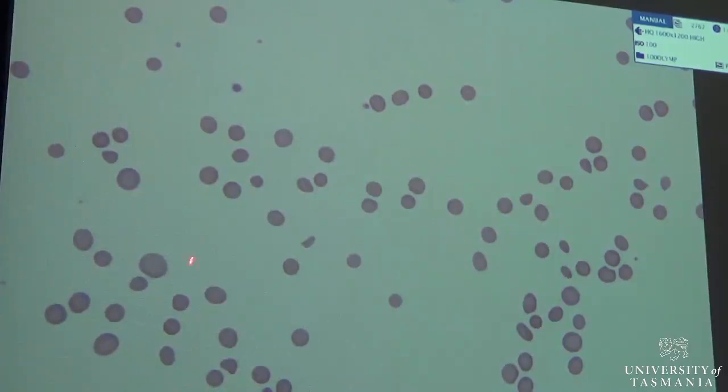So these ones down here, look at how big those ones are. Sorry, that was not the RDW for this film, that was the last one, which had a lot of differentiating. The RDW is quite big on this one too. It's not as big, it's 18%, so it is still quite high.